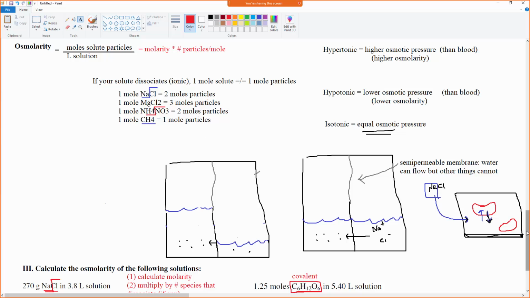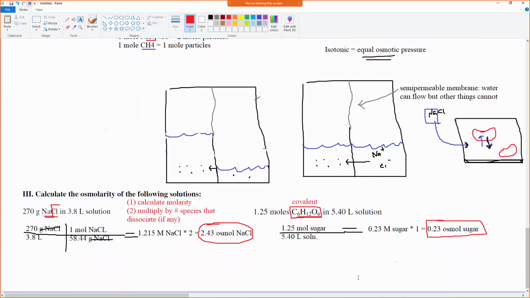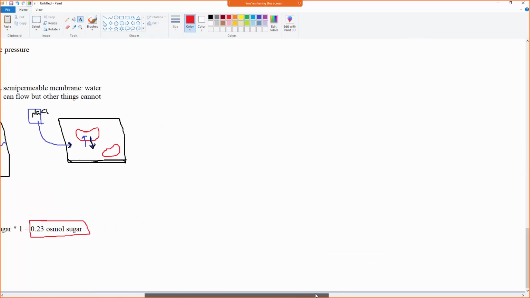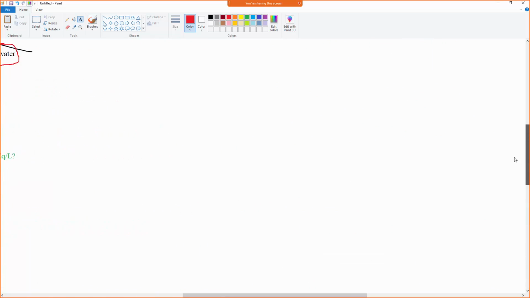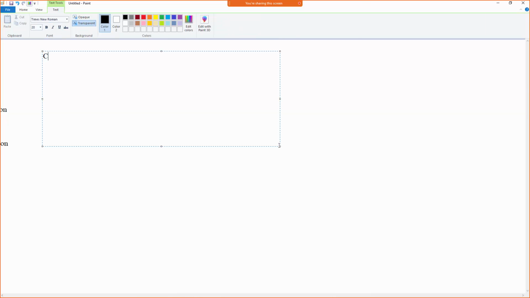So that's one thing that happens when you have different concentration units. All right, so other properties include, and you have to know these, colligative properties: physical properties of solutions which change with the presence of solute particles. So we've already established that osmotic pressure is one of those.